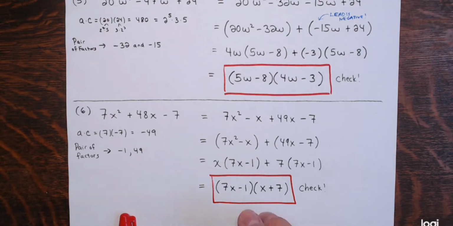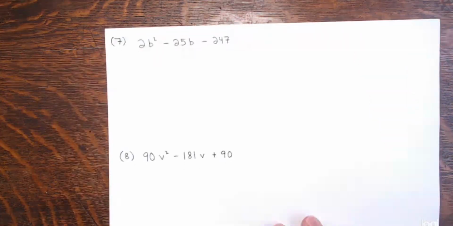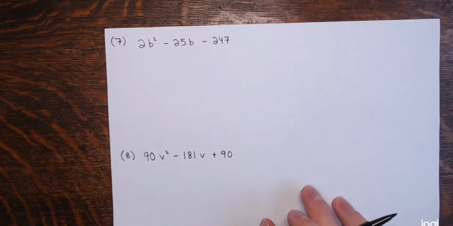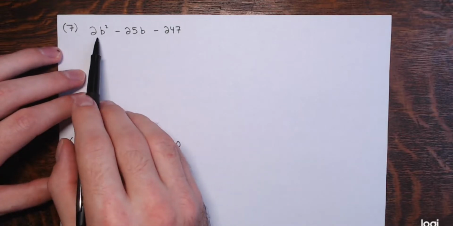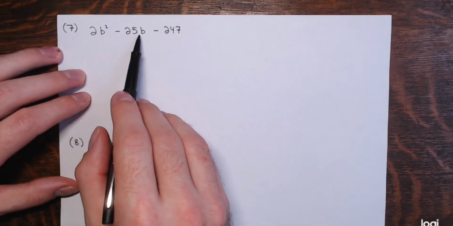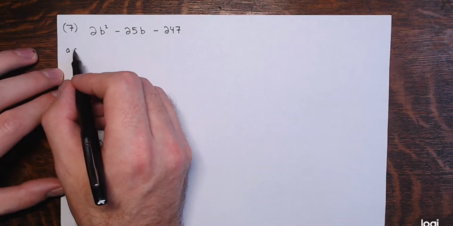Okay, just got a few more of these. Performing the same steps every time. Okay, number 7. 2b squared minus 25b minus 247. Again, I'm taking the lead coefficient times the constant.